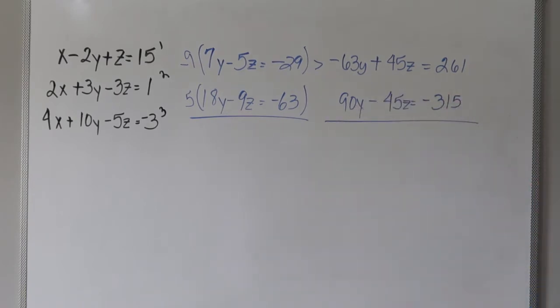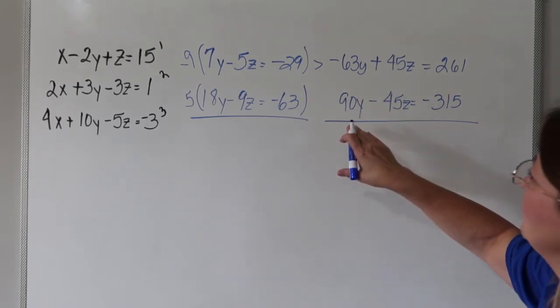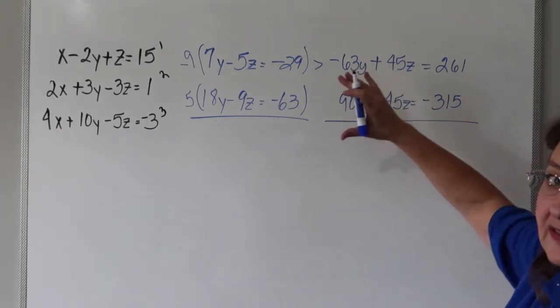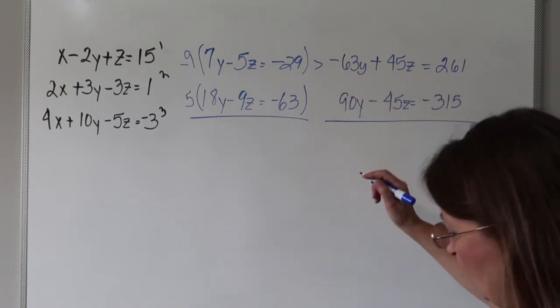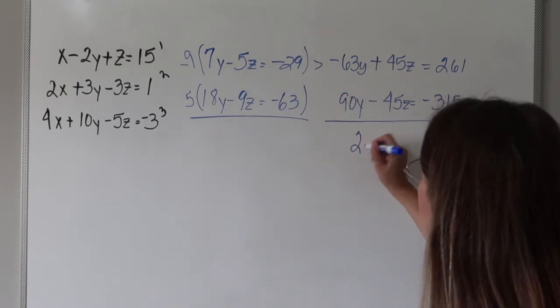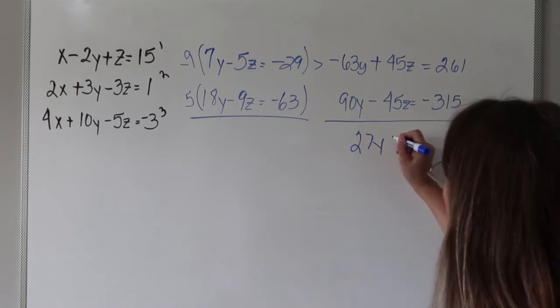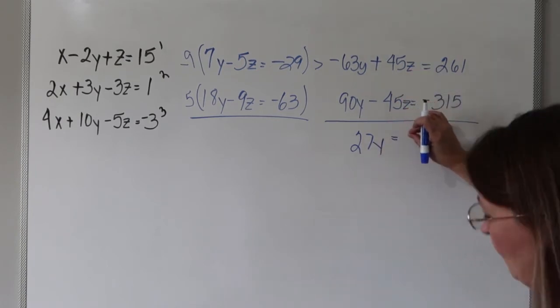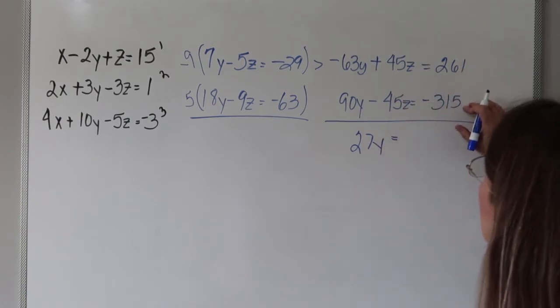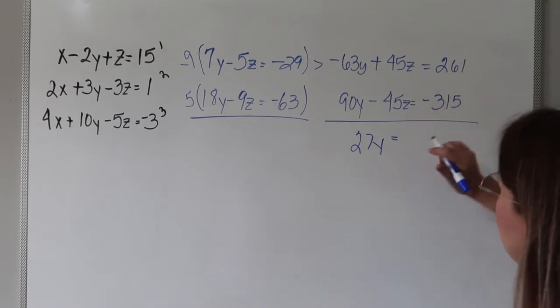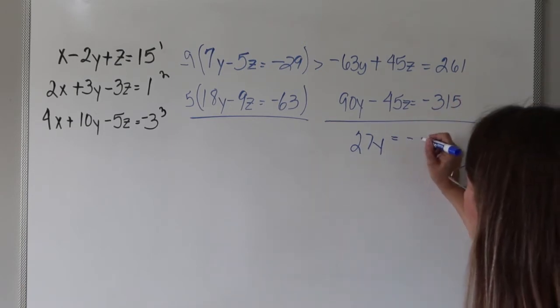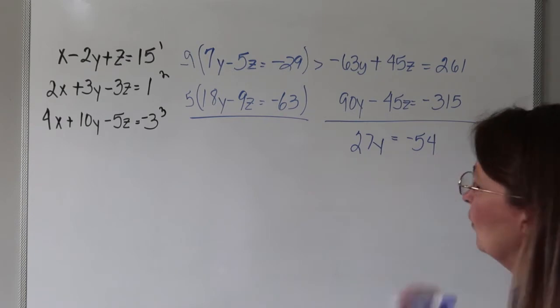Now we're ready to eliminate by adding straight down. Negative 63 plus a 90. Now you got opposite signs, so you're going to subtract and take the sign of the larger number. That's going to leave you 27y equals, these two cancel out, and 261 plus a negative 315 gives you negative 54.